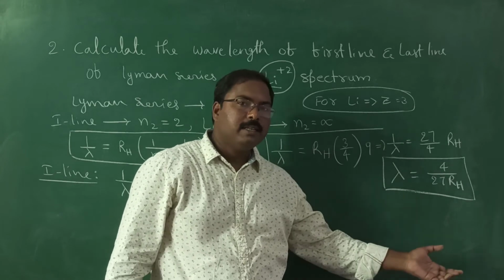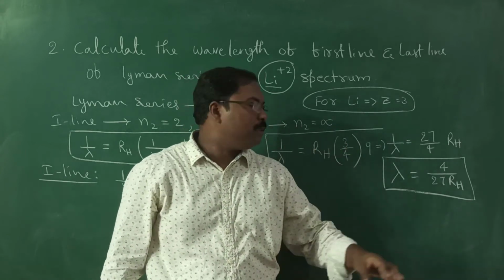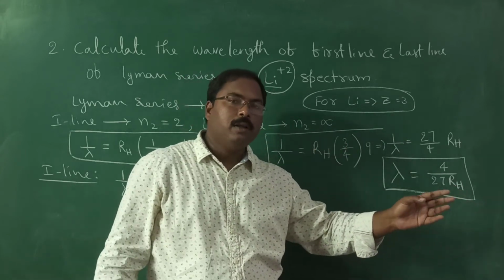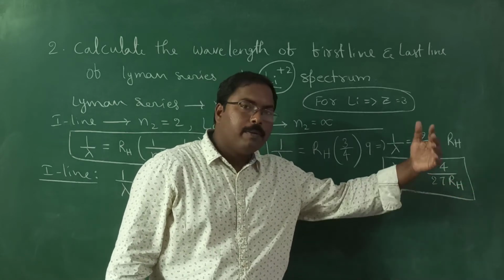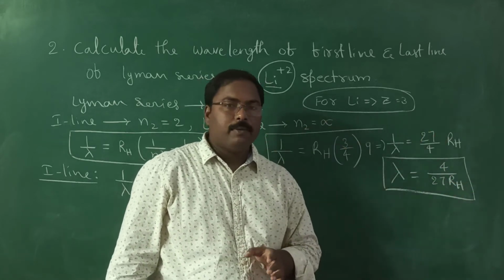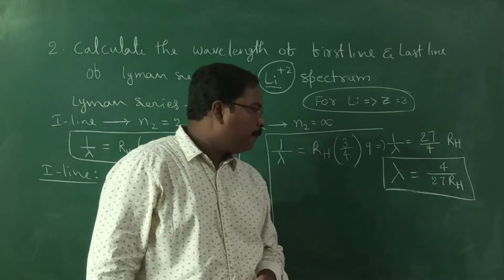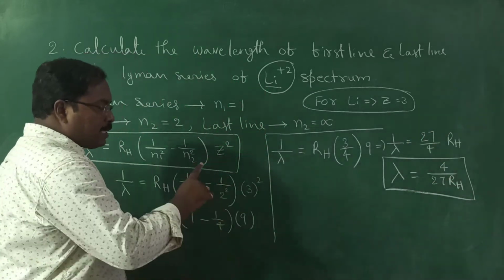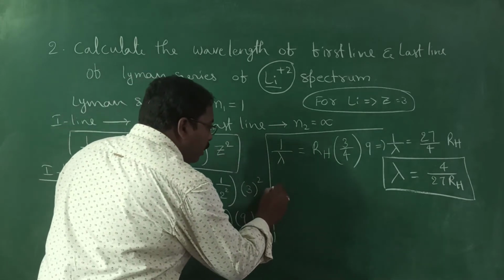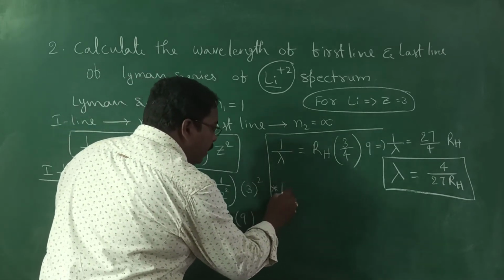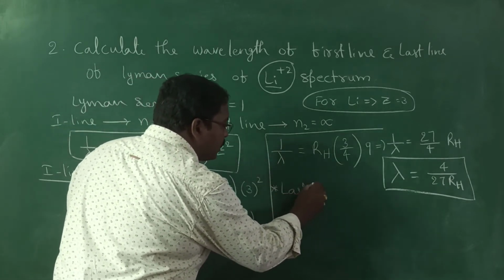Otherwise, if they give values, then we know the RH value is 1.1 into 10 to the power 5 centimeter inverse. If you substitute that value, you will get the answer. Got it? This is for the first line. Even they asked us to calculate for the last line also.